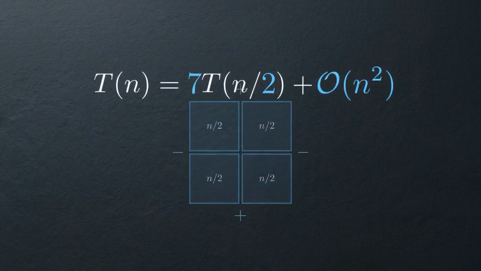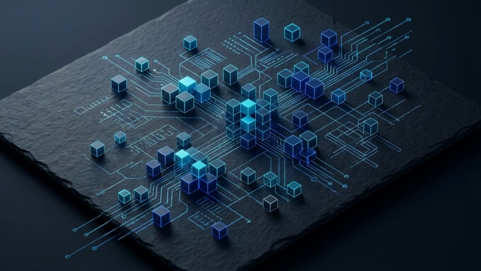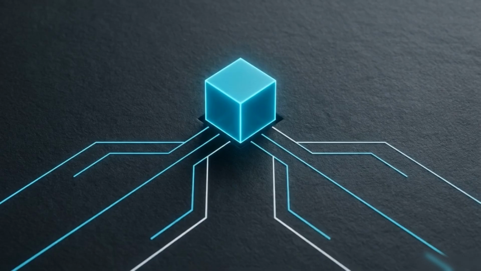Processing them requires touching every element exactly once, giving that overhead a time complexity of O(n^2). We now have the explicit mathematical engine dictating Strassen's speed. T(n) = 7T(n/2) + O(n^2).